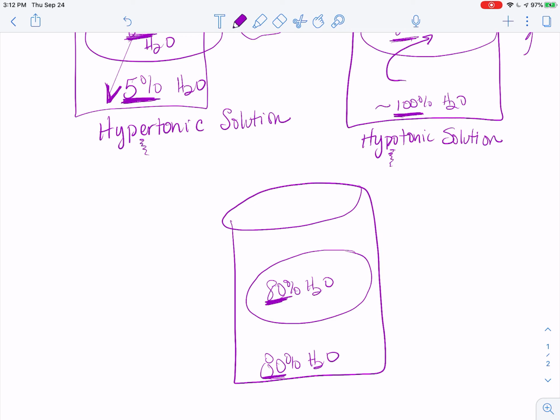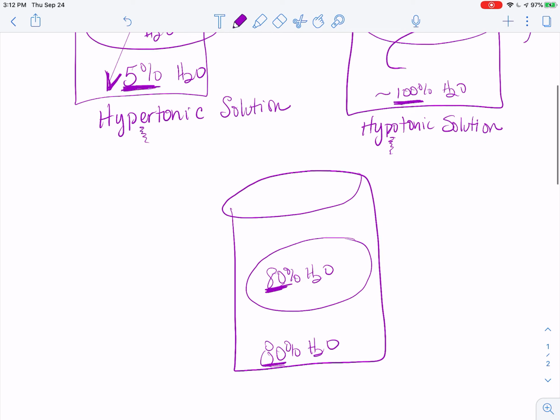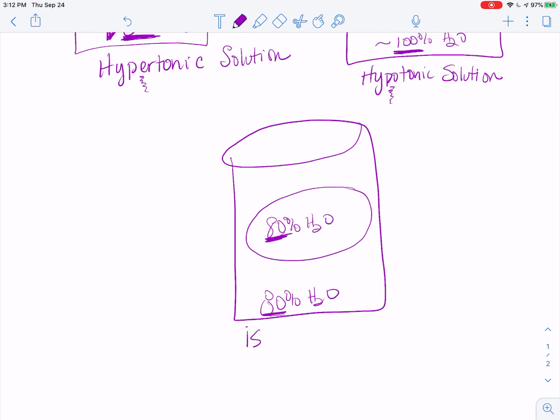It's equal. So now we have an isotonic solution. Iso meaning equal, but there's still water movement that goes back and forth and back and forth. It's not very much, just little tiny bits that go back, forth, back, forth.